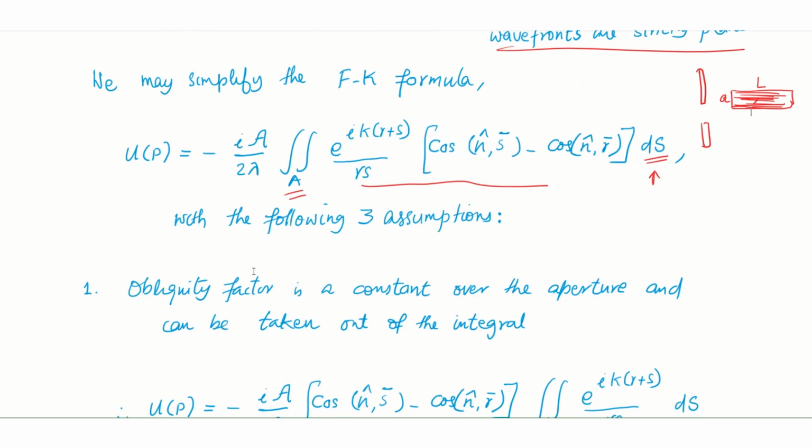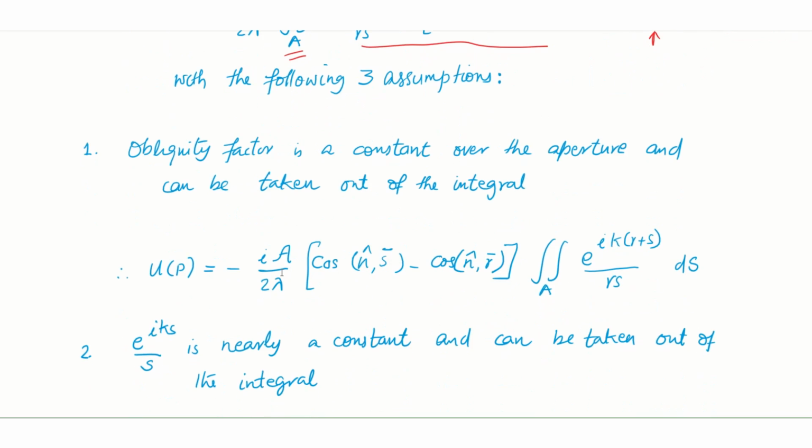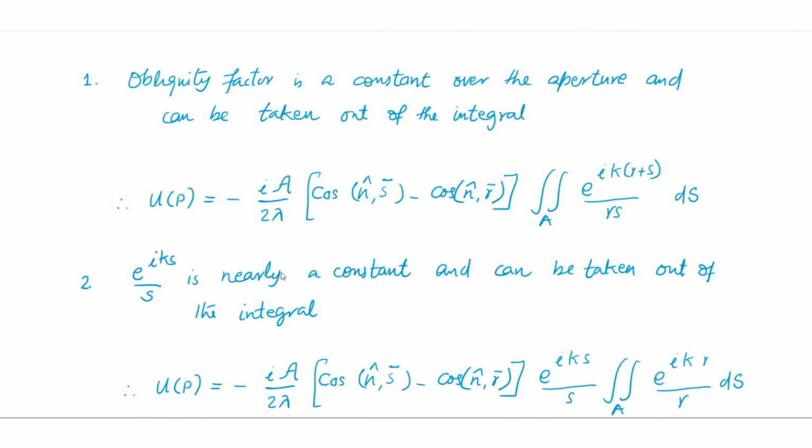Now, with the plane wavefronts, we can make about three assumptions to make life easier. Here, as I said, the obliquity factor is a constant over the aperture and can be taken out of the integral. You take this factor out, and therefore the integral becomes this. This constant was already there in the Fraunhofer integral.